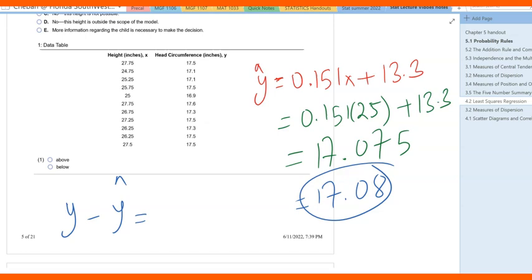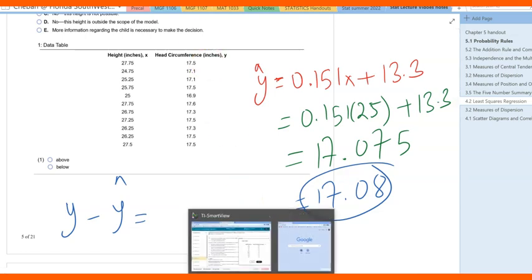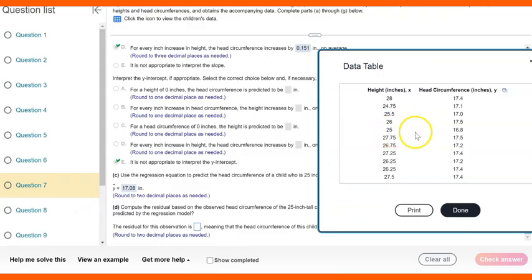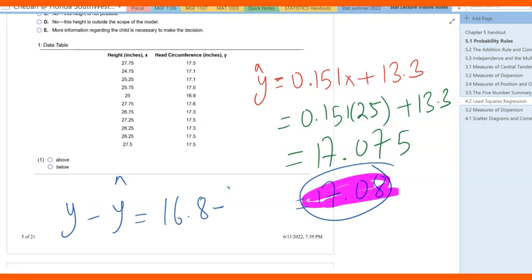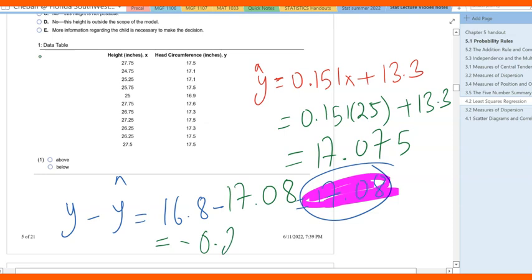What's the y from the table? I can check again. The y is 16.8. 16.8 minus y hat, 17.08. You subtract this, you get negative 0.28.